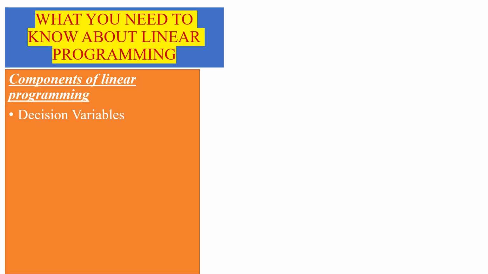When you are defining your variables, we don't use other variables other than x and y. In other parts of patterns and algebra, you can use other variables, but here in linear programming, we are limited to only two variables, that is x and y.